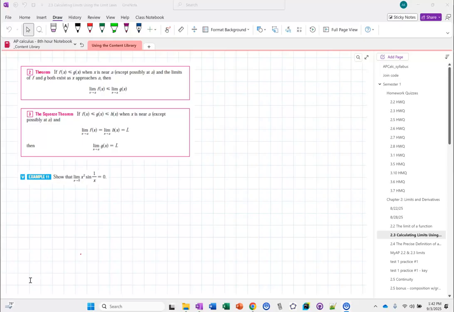Then if the limit of f of x is equal to the limit of h of x, the function in the middle also has to have that same limit. If the limit from the top is one thing and the limit from the bottom is the same thing, the function in the middle has to have the same limit. Those two functions are squeezing down on the middle function, forcing its limit to be the same as theirs.